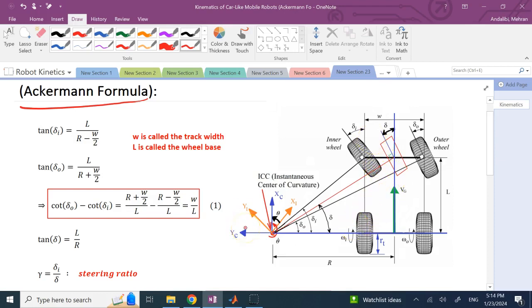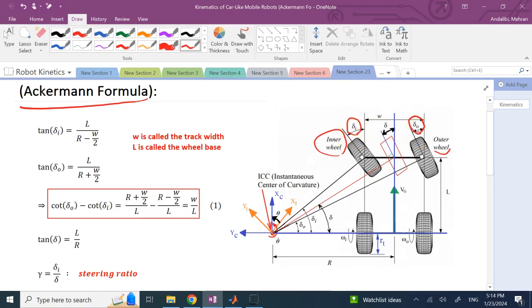then as you know, when you go around a circle, the steering angle of the two tires on the front, the inner wheel, the one that is closer to the center of the curvature, and the outer wheel, if you call them delta I and delta O, they are not equal.